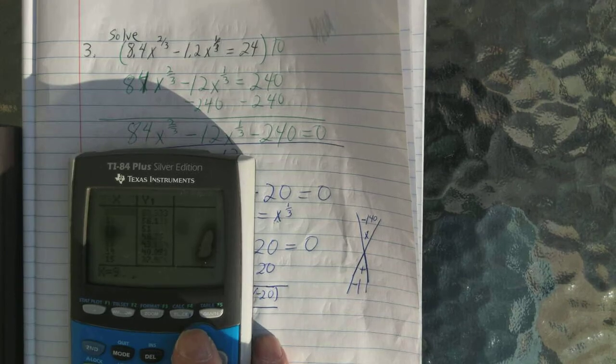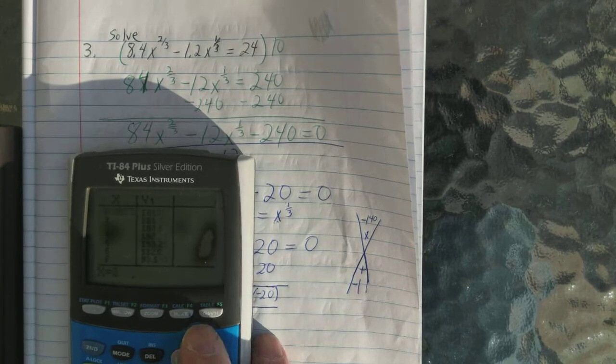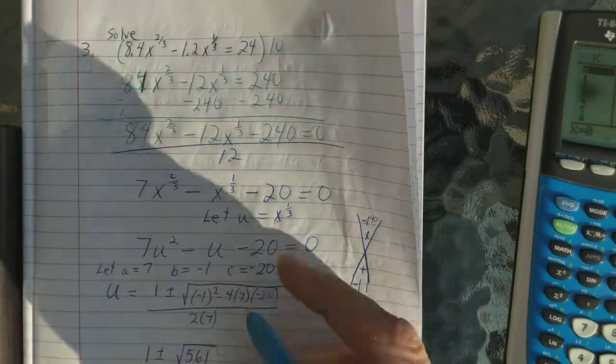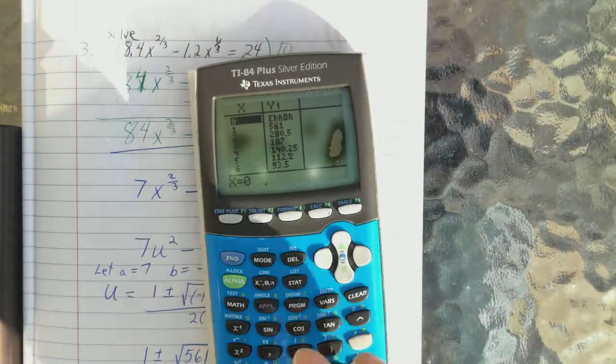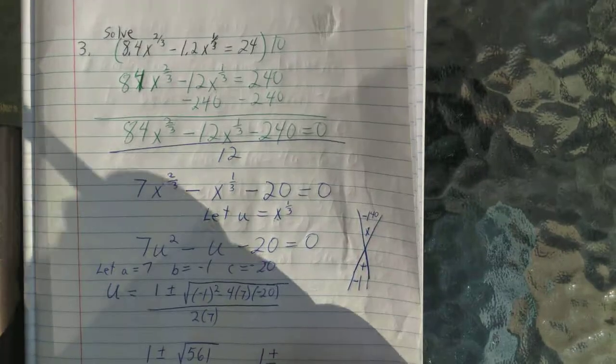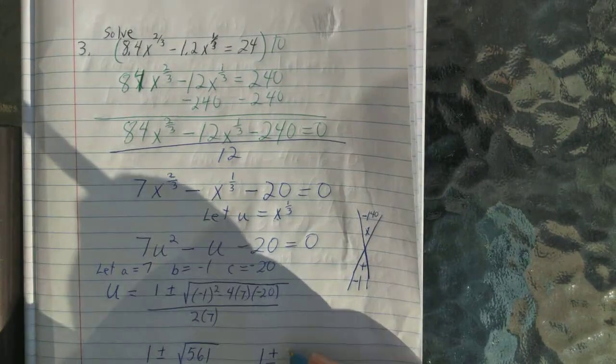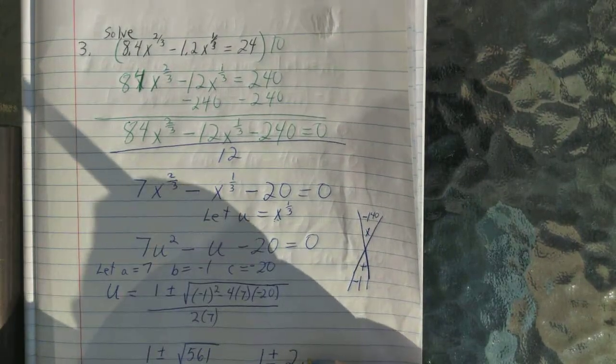So this is not going to simplify any. At this point, with these kinds of numbers, I am going to estimate from here. So we're going to go with 1 plus or minus. Usually we simplify. This time we are going to approximate.